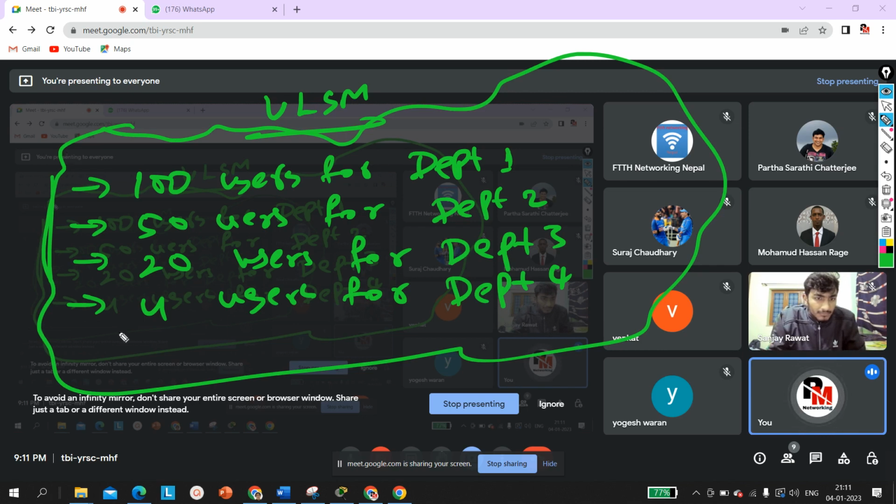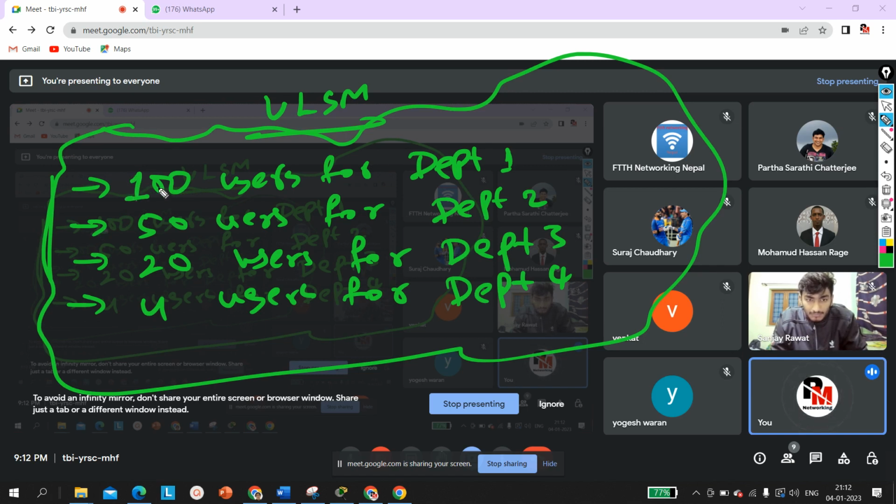Whenever you need to divide a network and the length is not fixed but variable, the first thing you need to do is arrange your requirements in descending order.